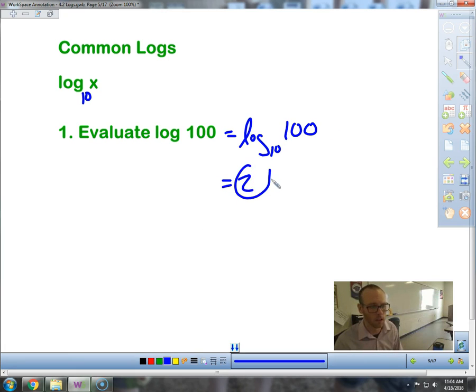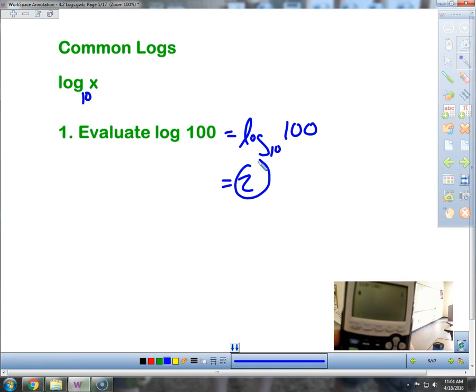That would be 2. On our calculator, we have a log button. When I push that, the base doesn't show up there, does it? So that means this is the common log, base 10. If I were to type that into my calculator, the log of 100, I get 2.